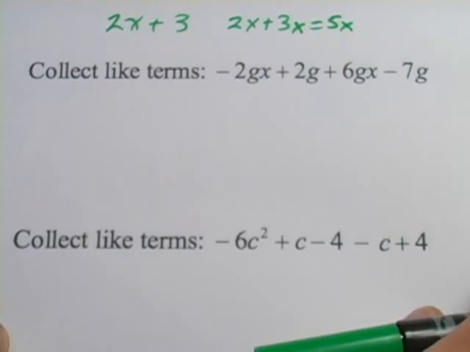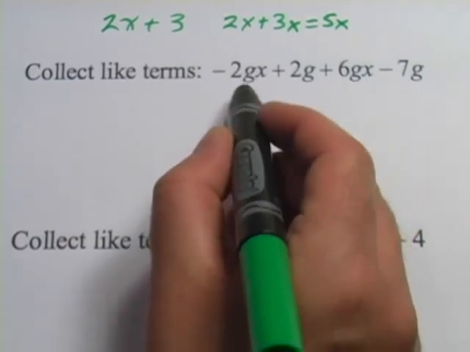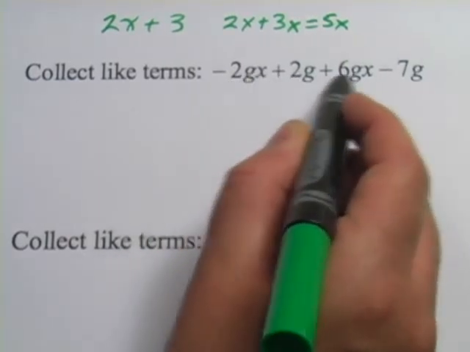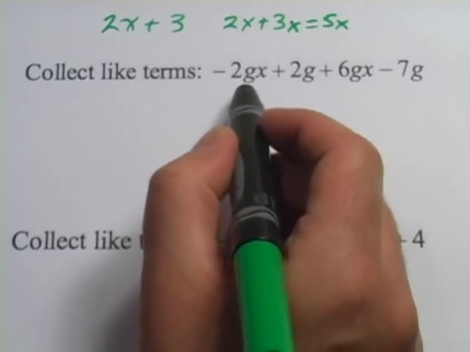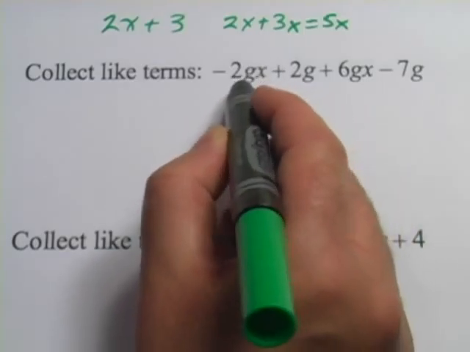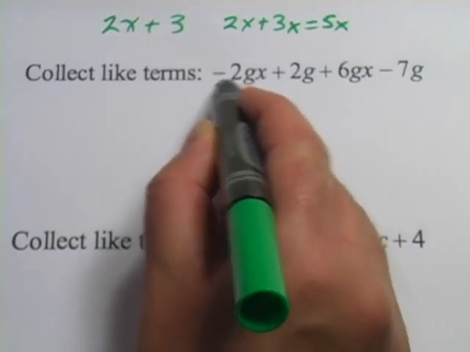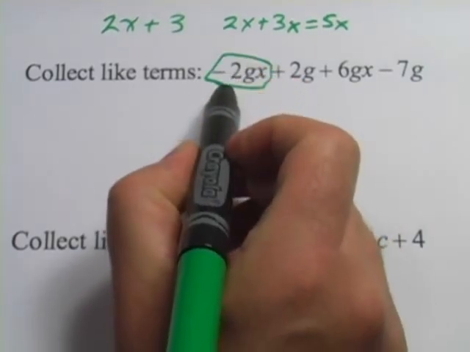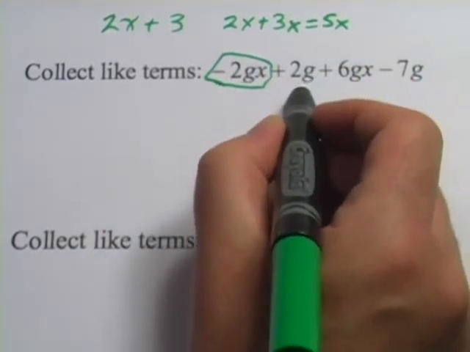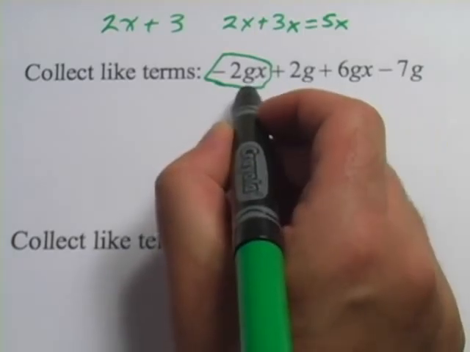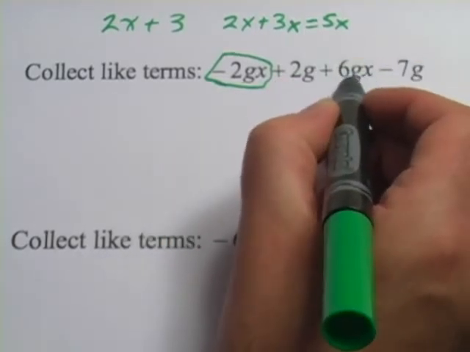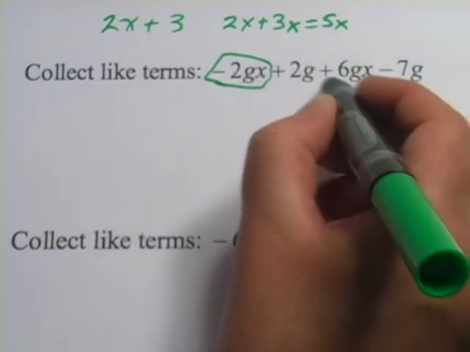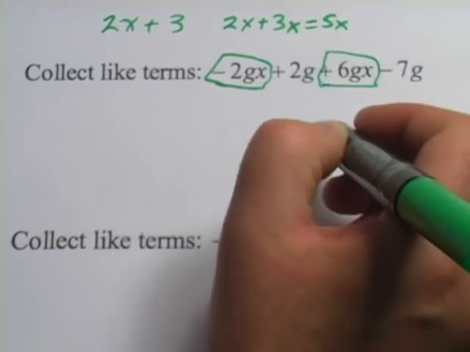The trick with collecting or combining like terms is just to make sure that the letters are the same in each group. So this has a G and an X, okay, and there are -2 of them. This one just has a G, so it's not a like term with this one. This one has a G and an X, so that is a like term with the first one, and there are +6 of them.